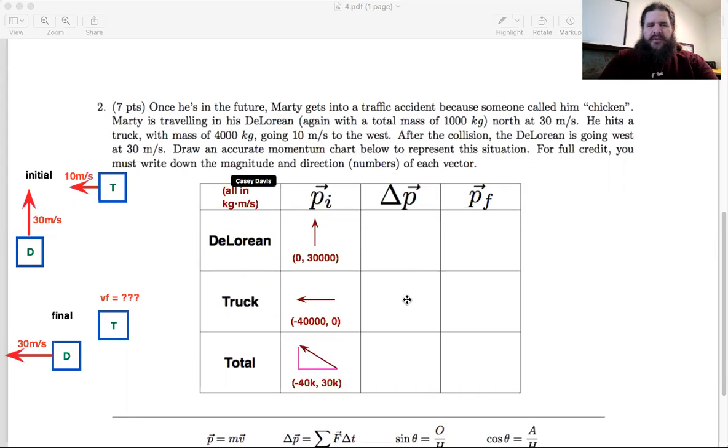And during this collision, what should we assume about the change in total momentum? It's 0. Yeah, this should be 0. And we're going to describe that as a 0 vector, 0 with a vector sign on top. This just signifies it's not just the number 0, it is a vector whose magnitude is 0.